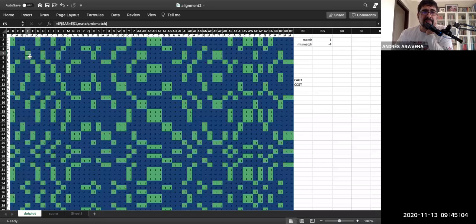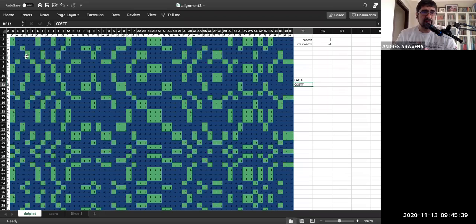Now let's say I am here, and now I want to go down here. So I will have a T in the second one. Can you see the screen? I am here. So I move diagonally, and then I move vertically. That means that I win this T, but in the first sequence I have to put a gap there.